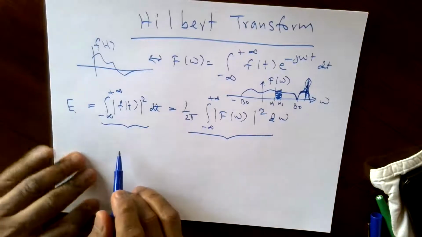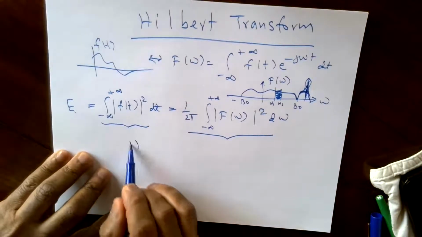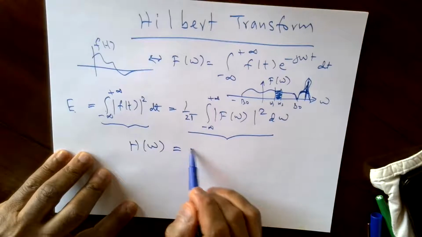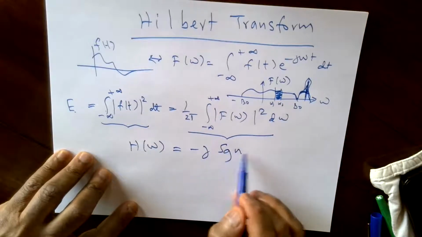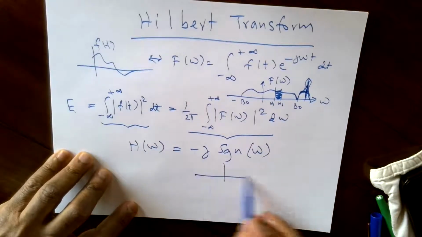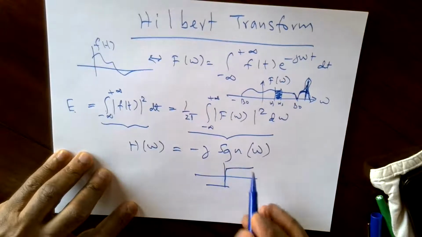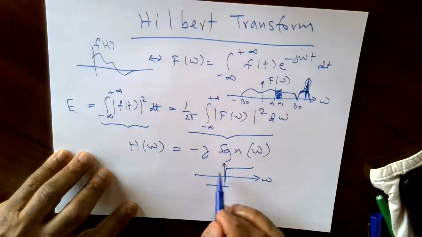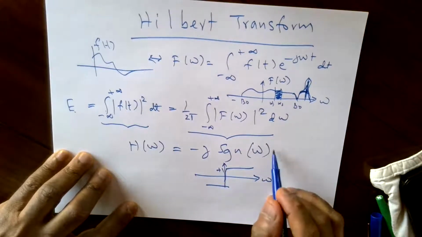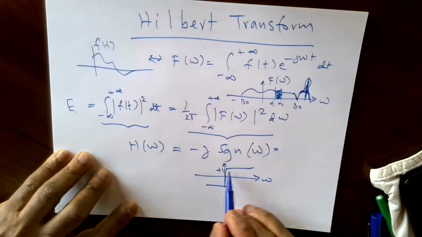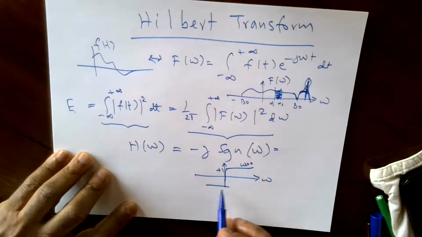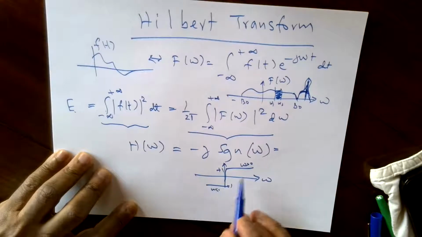a basic relation. Now, I'm going to introduce the Hilbert transform using this function, sign omega. Sign omega goes like this. As the name says, sign is +1 if omega is positive, and -1 if omega is negative.